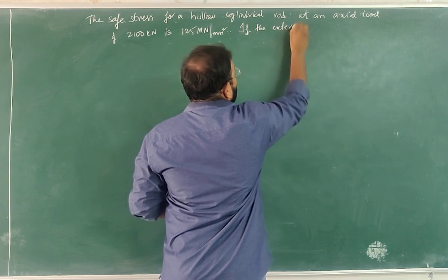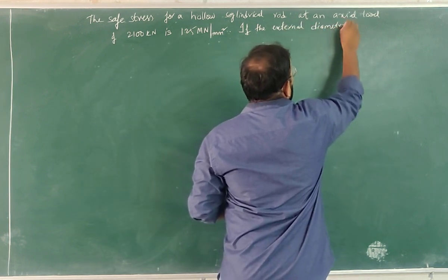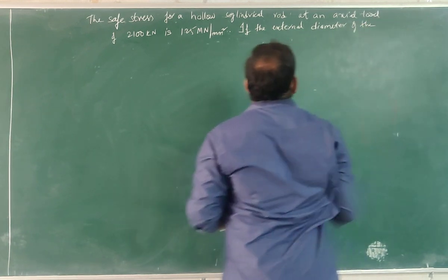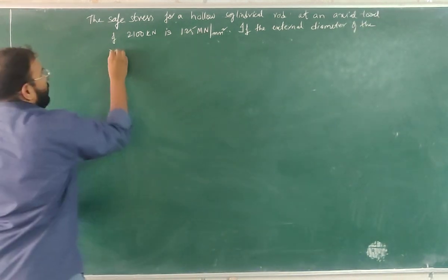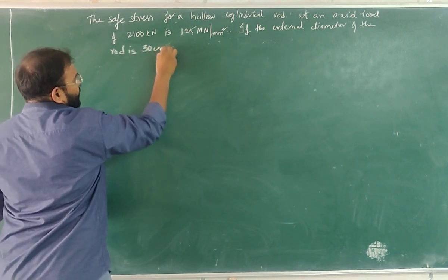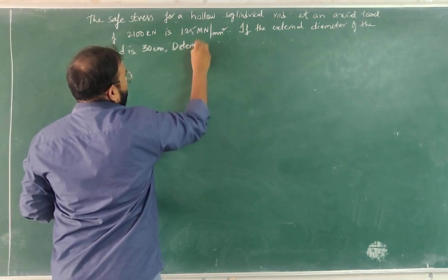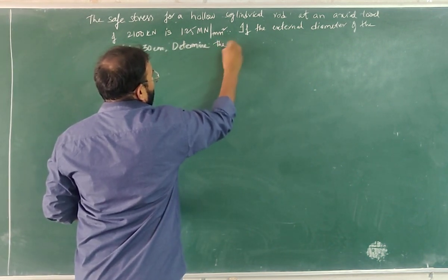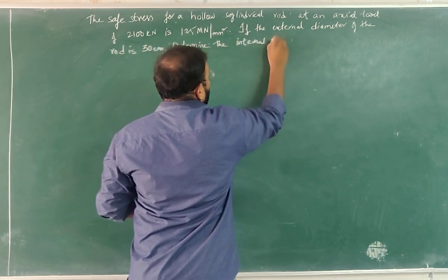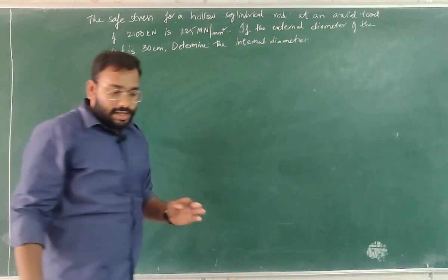If the external diameter of the rod is 30 centimeter, determine the internal diameter.